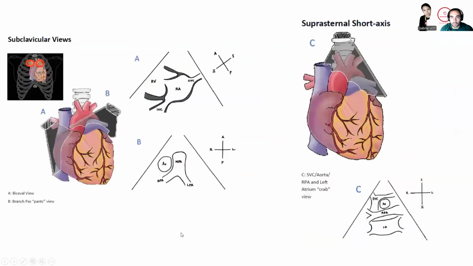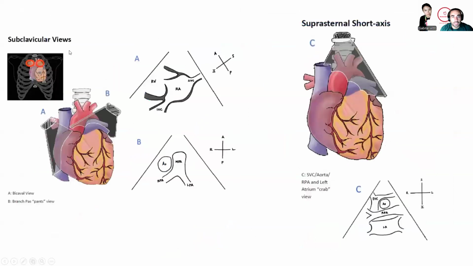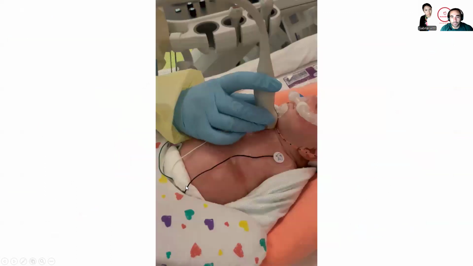If instead of using the probe in the longitudinal axis, with the marker towards the head of the baby, you turn it 90 degrees, almost parallel to the clavicular line, you would see more of these views that are the short axis of the suprasternal view where you see your main pulmonary artery, RPA and LPA.